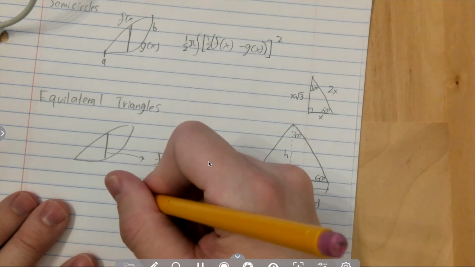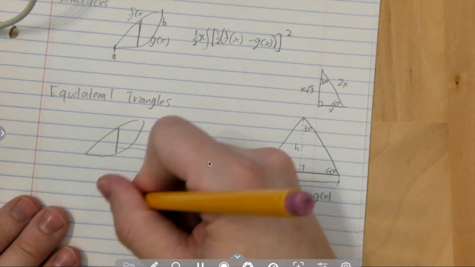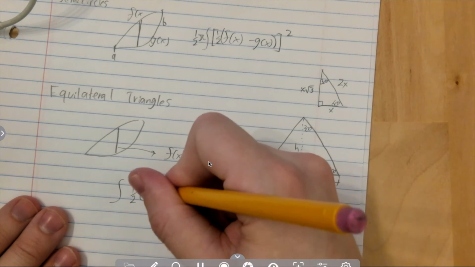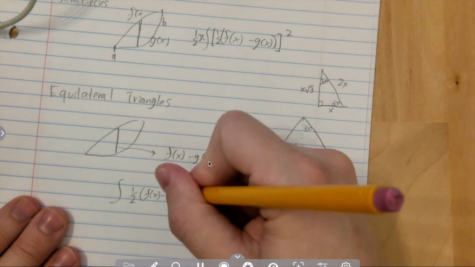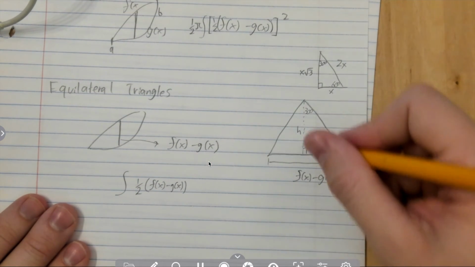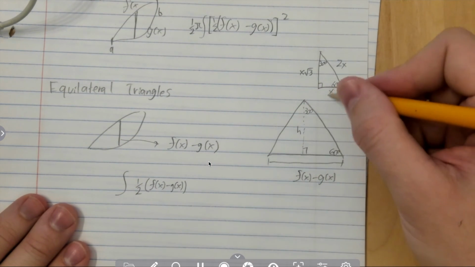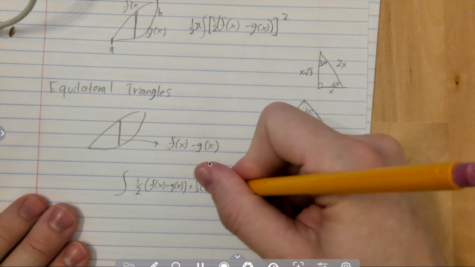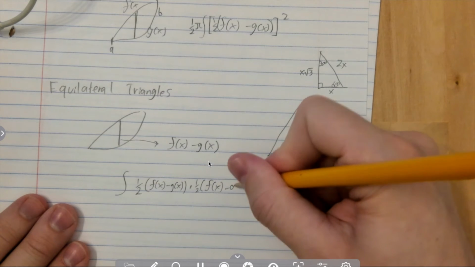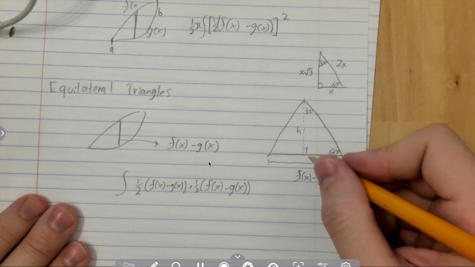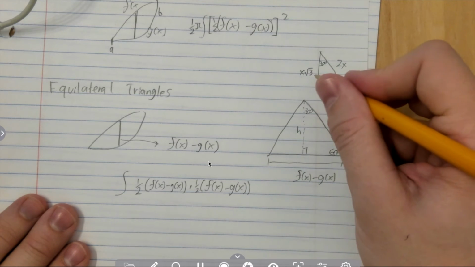My area formula for an equilateral triangle in the integral is 1/2 times the base times the height, which is, again, this height. How do I find that height? It is half, another half, of f of x minus g of x, and that's getting multiplied by an additional square root 3.